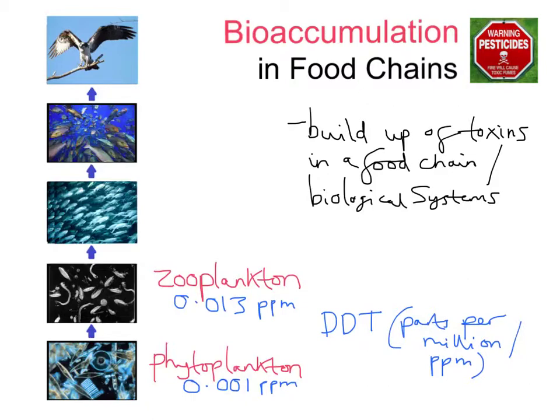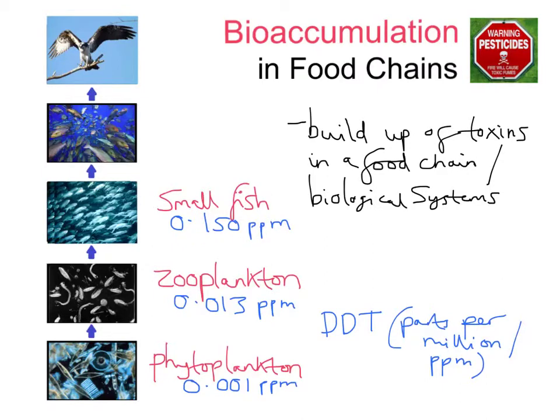Now if we go higher up, we can see we've got some small fish. So some small fish would eat the zooplankton with that chemical inside of it. And if you have one small fish, let's say, eating multiple zooplankton, then you can see that the concentration of that toxin would build up. So we end up with something like about 0.15 parts per million.